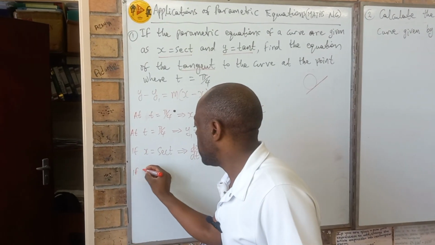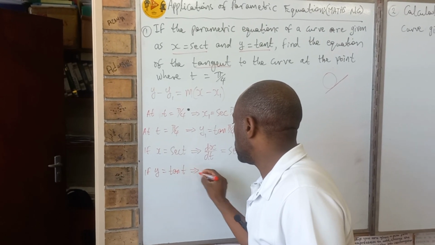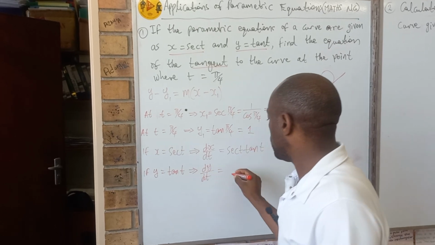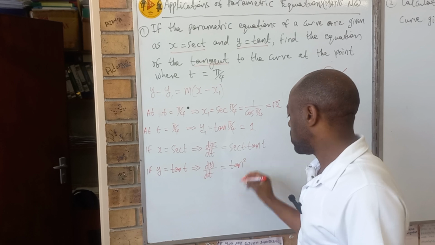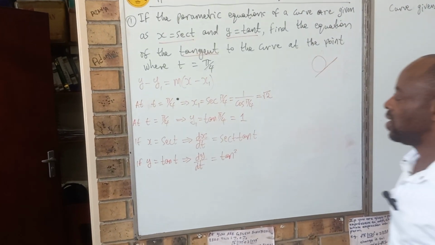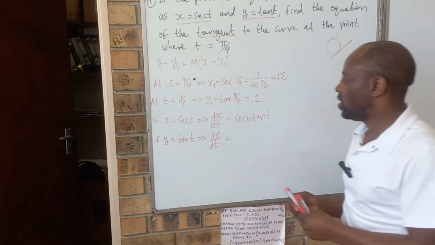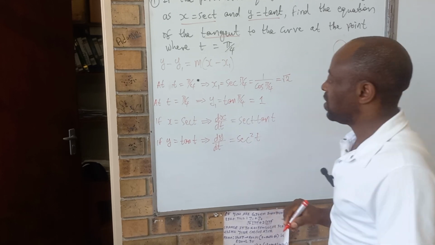Then if y is equal to tan t, if you differentiate tan t, that should give you sec squared t. So dy over dt is sec squared t.